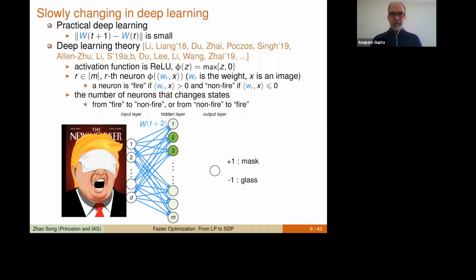This is a very toy example, a classical theory model we use, called a 2-layer neural network or 1-hidden-layer neural network. It has been used in a few hundred papers to study neural networks.